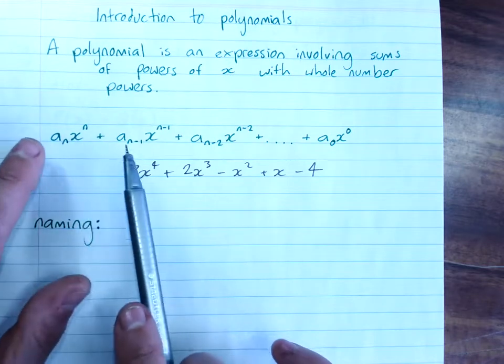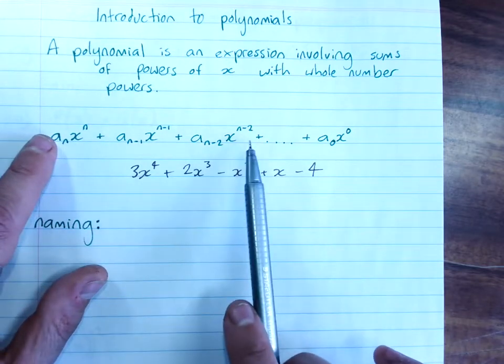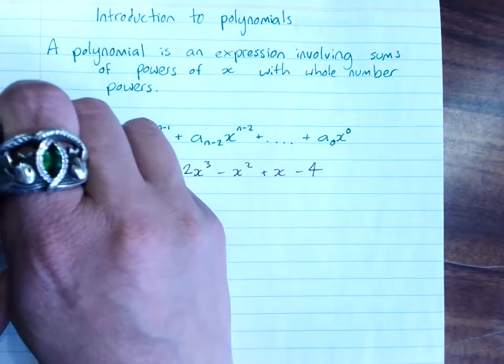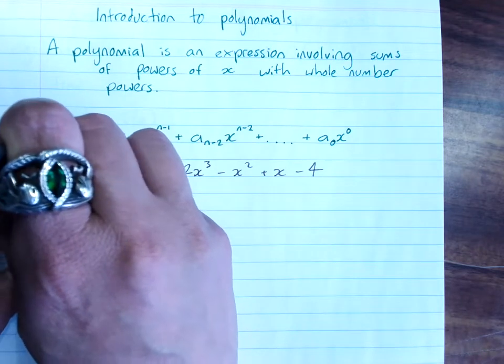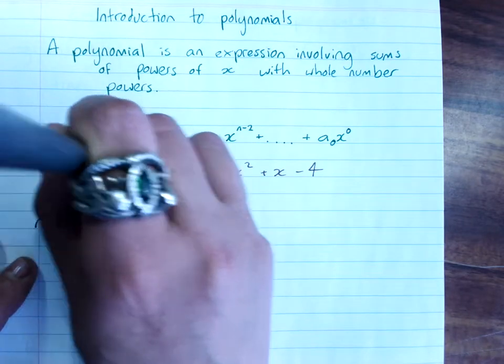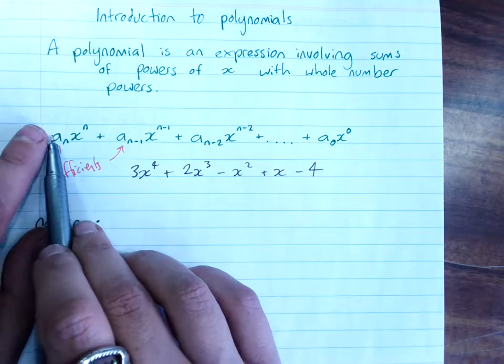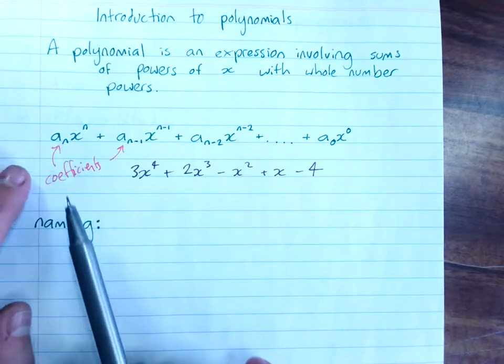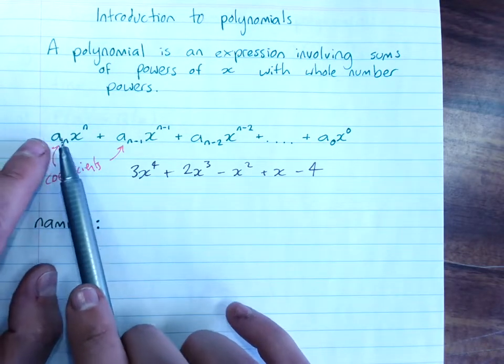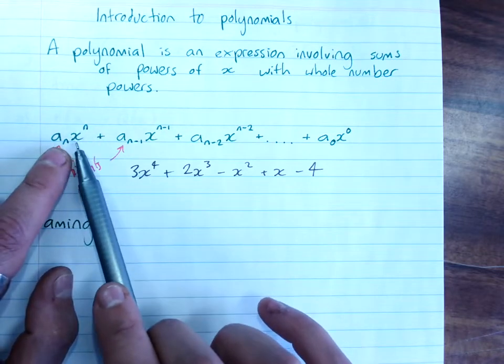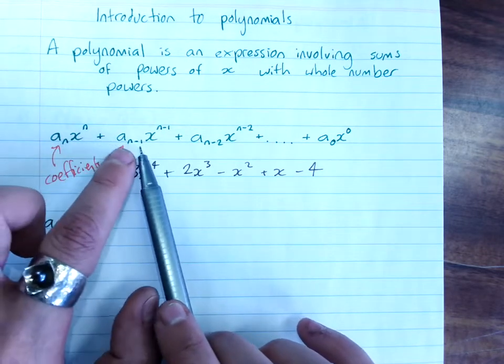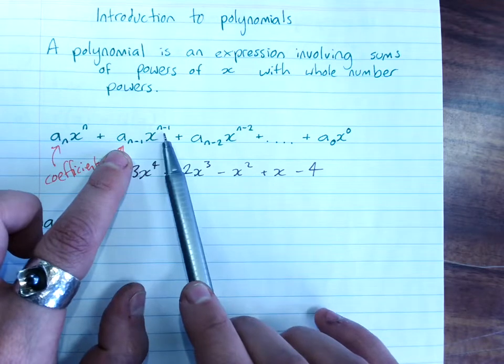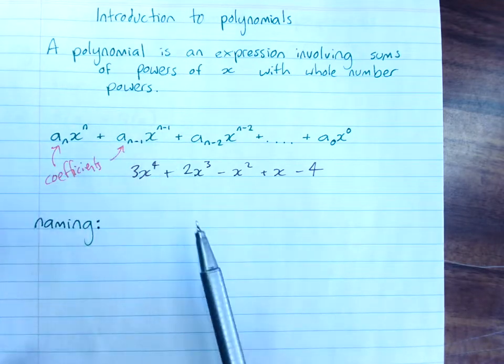So all this is saying is all of these powers of x can have coefficients. And by saying a subscript n, we're just saying this is the coefficient that belongs to the nth degree of x. This is the coefficient that belongs to the n plus 1th degree of x.